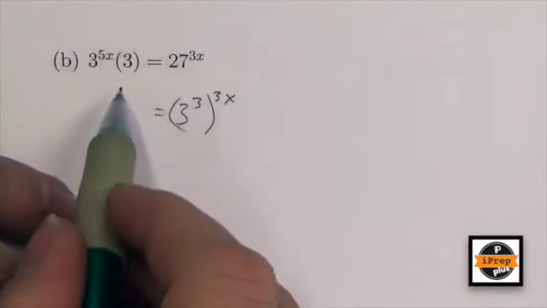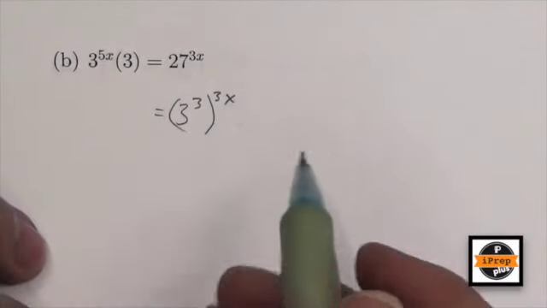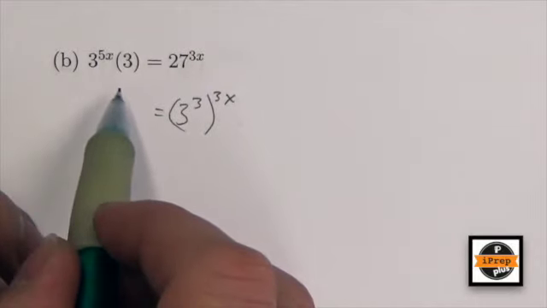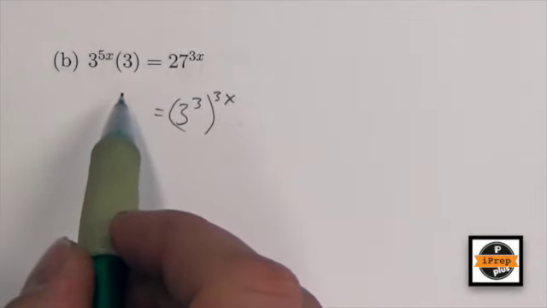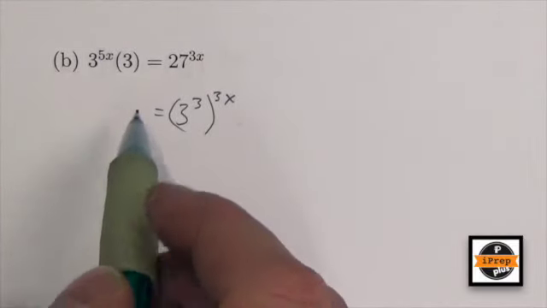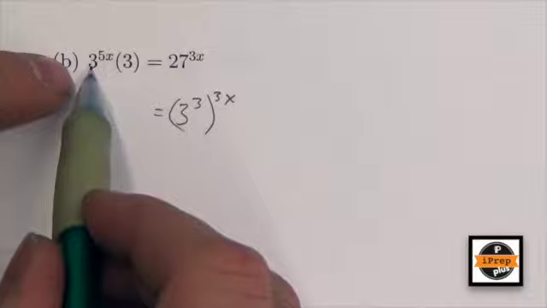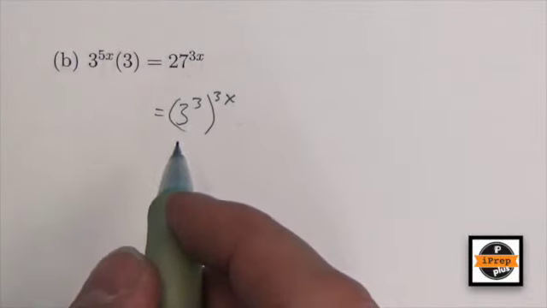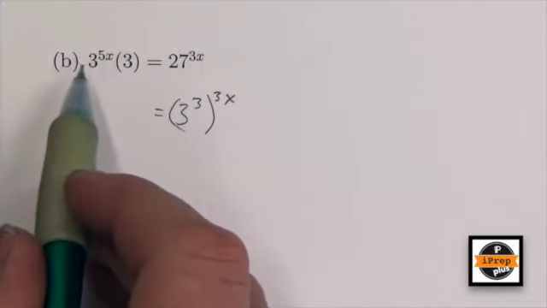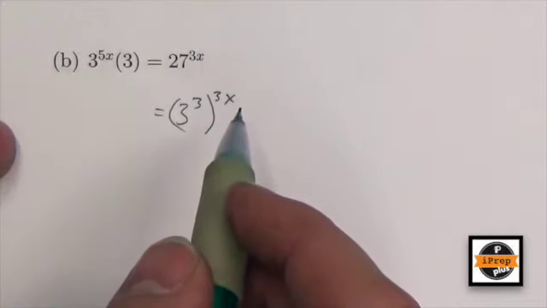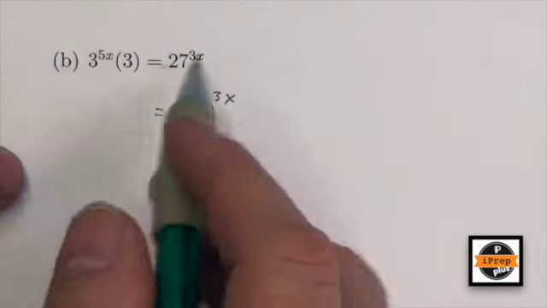Okay. But I need to recognize over here what else is going on. Now the reason why I chose this particular question here is because it's a really easy mistake to make to forget about this 3 right here. Okay? Sometimes people don't forget about it and they'll make this 3 to the 5x times 3 makes 9 to the 5x, but that's not true. I cannot multiply before I deal with the exponents here. Okay, so I have to deal with the exponents first here.